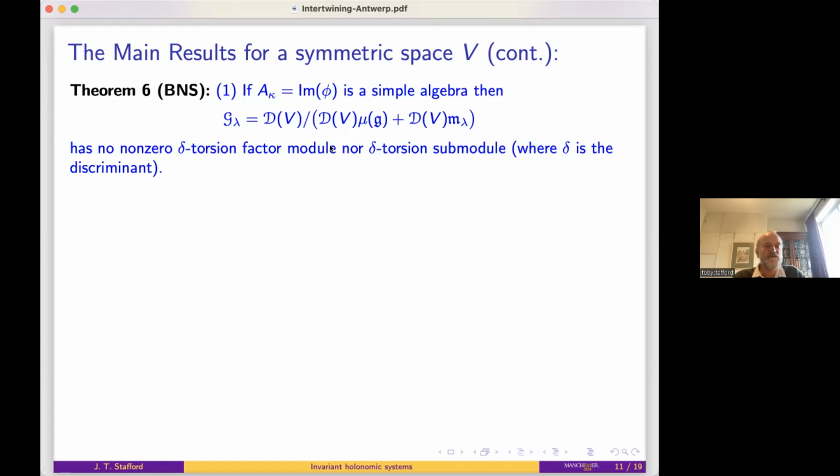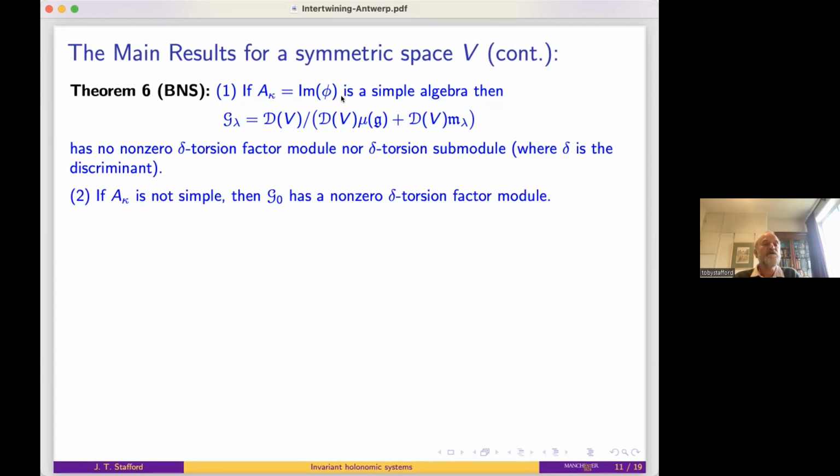So that's the Harish-Chandra theorem. But also we can get a somewhat stronger theorem that it has no delta torsion submodules. And that seems to be a somewhat harder theorem to prove. And remember here again, delta is the discriminant in this setup. By the way, if A kappa is not simple, then this G0 always has a non-zero delta torsion factor module. So the theorem just doesn't hold if A kappa is not simple.